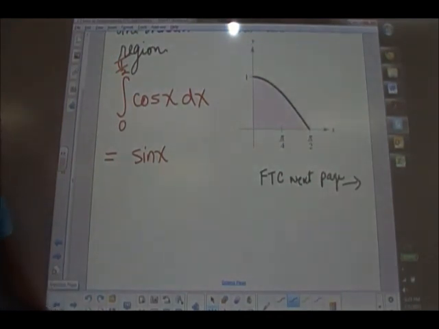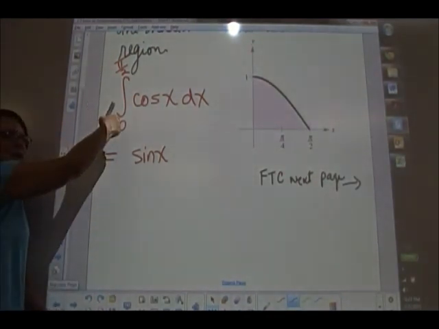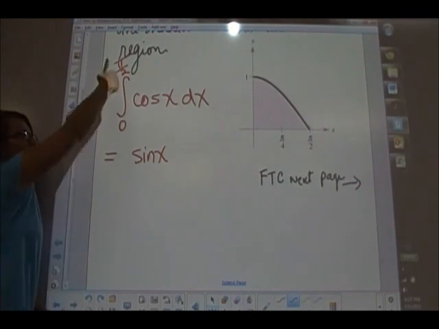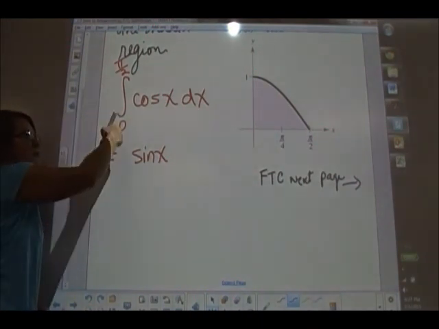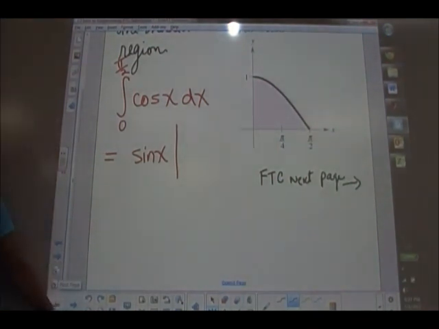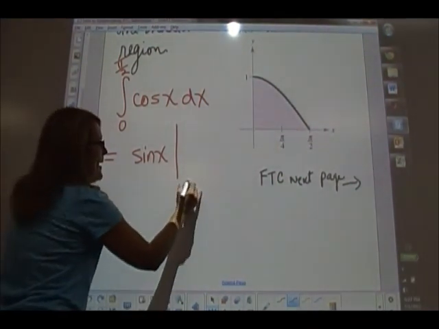I'm using the fundamental theorem of calculus. I have already taken the antiderivative, so I can't use this symbol anymore. To notate that I'm evaluating from 0 to pi over 2, I don't want to lose these values. I'm going to put a vertical bar on the right side of the sine of x, and note my boundaries here.